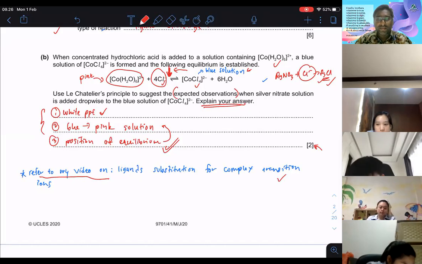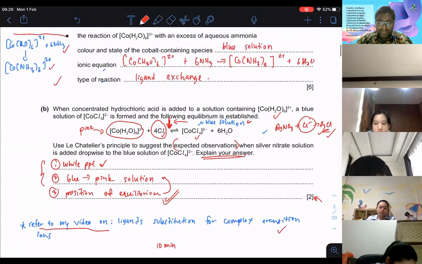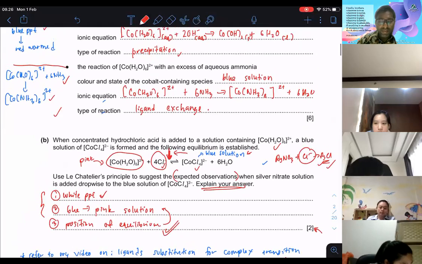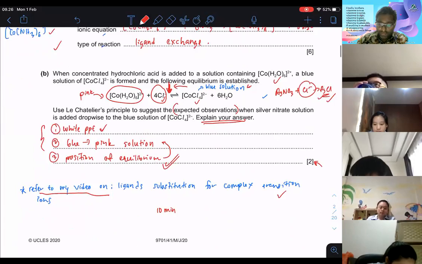I have discussed in, I think, a 10-minute video all the equations involved for ligand substitution. So in this particular question, we have discussed 3 equations involving cobalt. So you still need to learn about copper. So please watch that video about copper.